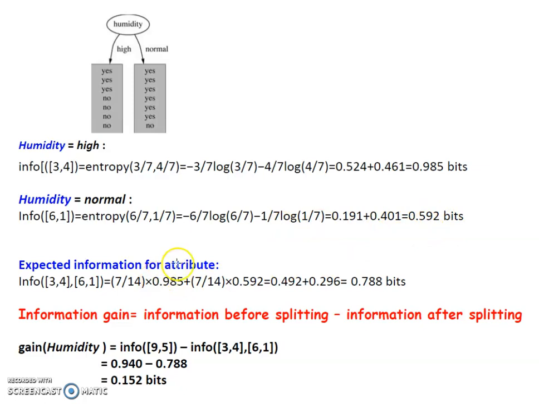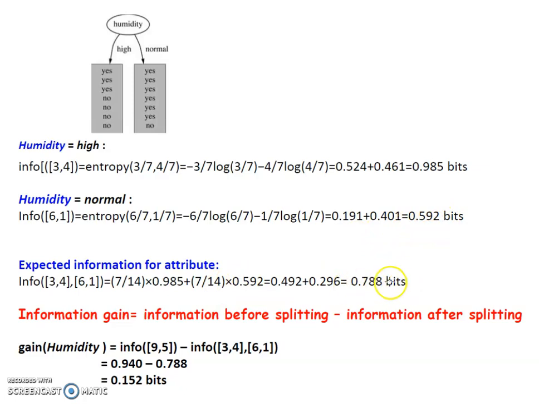Now what is the expected information for the humidity attribute? It is the number of instances under each subcategory divided by the total instances. So it is 7 by 14 into the entropy value, plus the second value, normal. How many normals are there? 7. How many elements in total in the data set? 14. Into what is the entropy? 0.592.